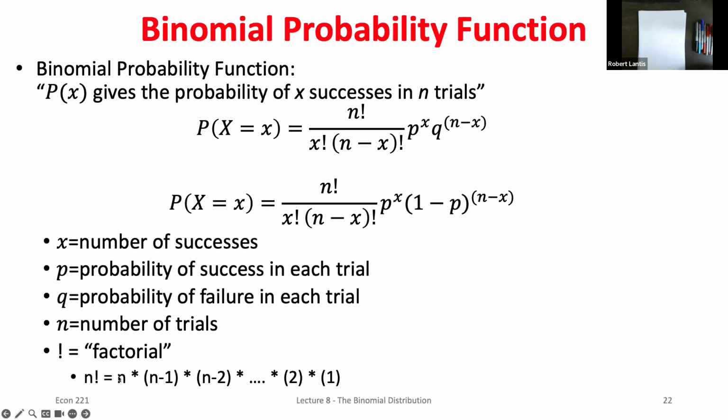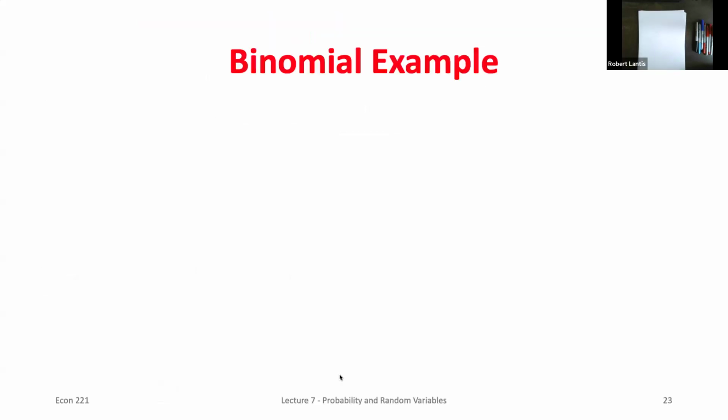So if I had 10 factorial, it's 10 times 9 times 8 times 7, all the way down to 1. It's not too bad yet. Something that we will use down the road is that 0 factorial is actually 1. This will become useful when we start to work through some of the problems.